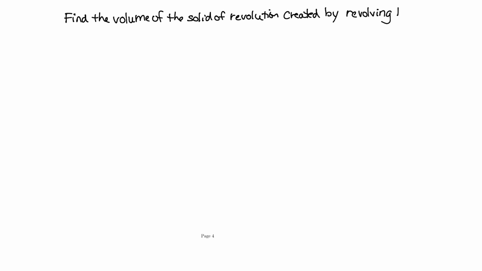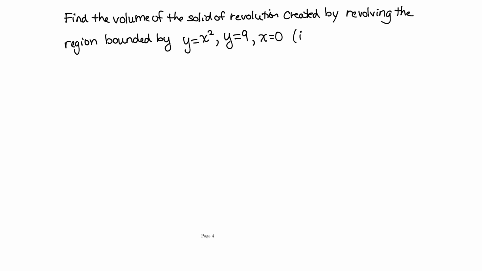And you guys are asking questions if you have any questions, right? Find the volume of the solid of revolution created by revolving the region bounded by y equals x squared, y equals 9, x equals 0 in quadrant 1.